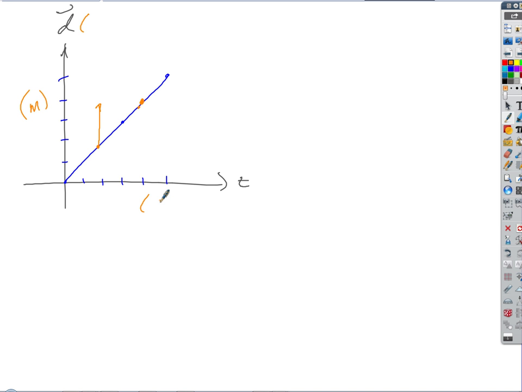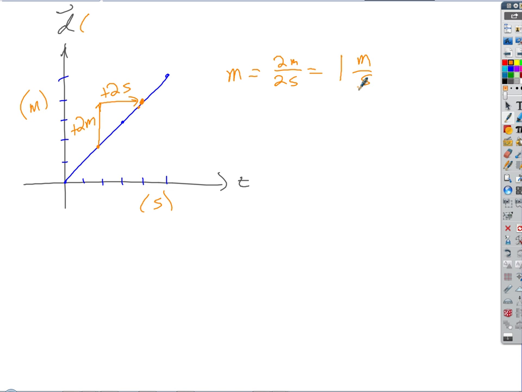We're measuring time in seconds. So 2 meters, and we're running how far? 2 seconds. Okay, good. And so if we take rise over run, my slope is equal to 2 meters over 2 seconds, which is 1 meter per second, isn't it?